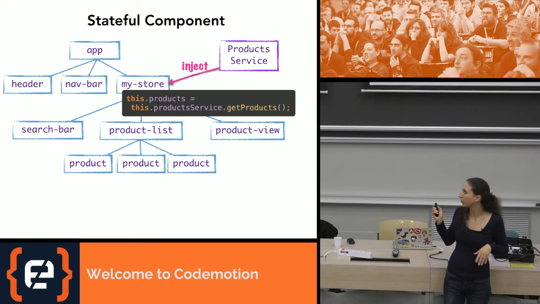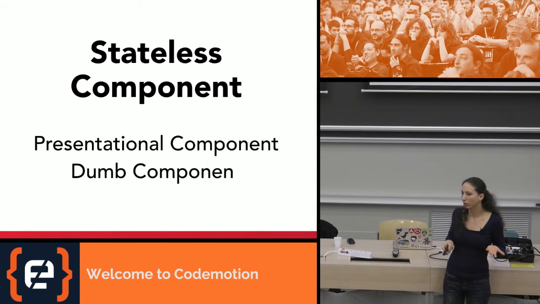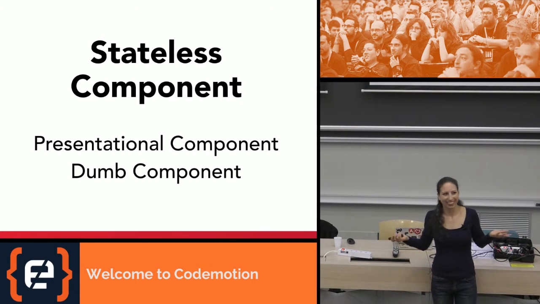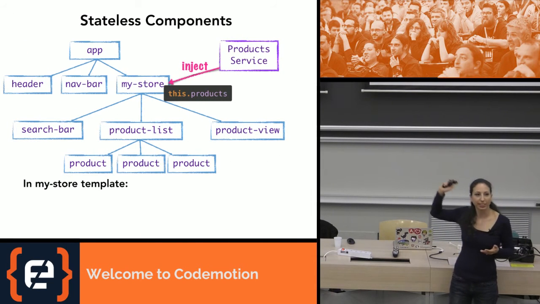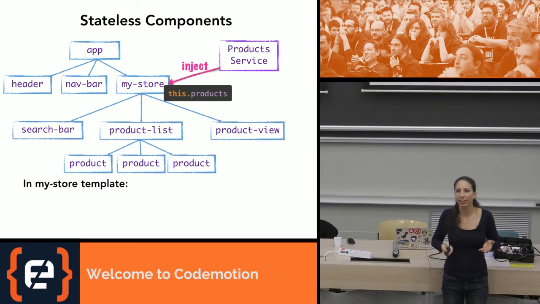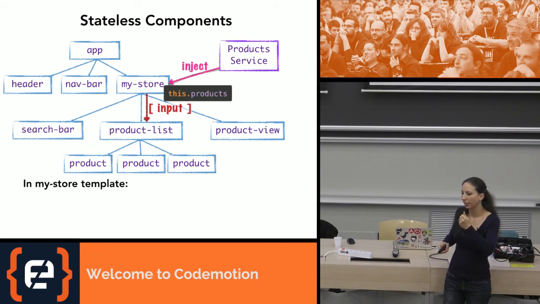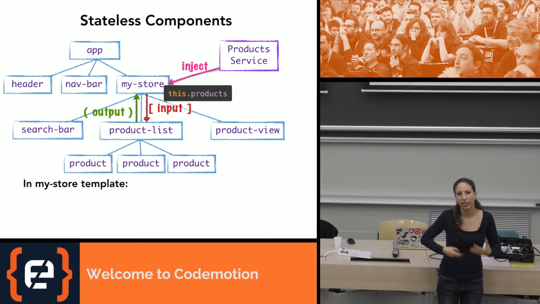So if we have a stateful component, we should also have a stateless component, which is also called presentational component or DOM component. Okay, well, that's the name that it was given to. So the stateful component passes its data to its children, which are stateless components. They don't preserve the state of the application, but we use inputs and outputs to communicate, to pass data and to react to events.